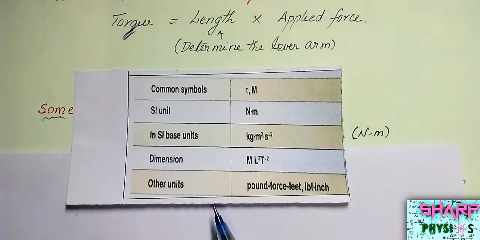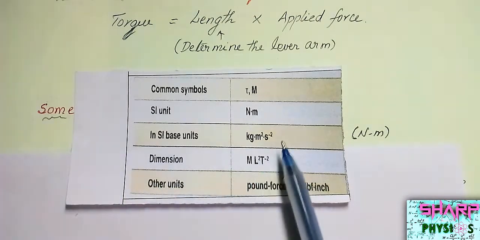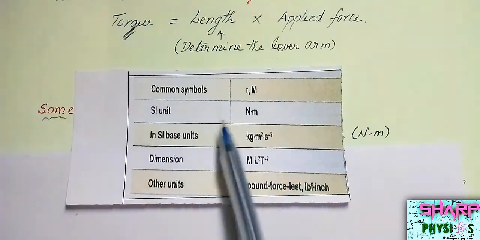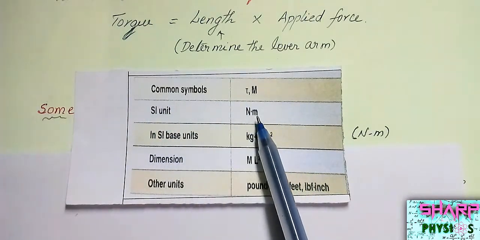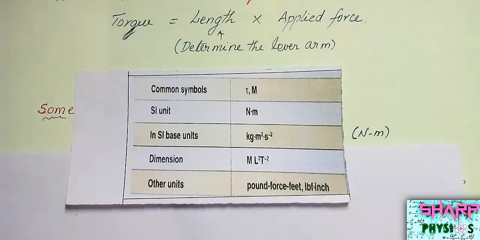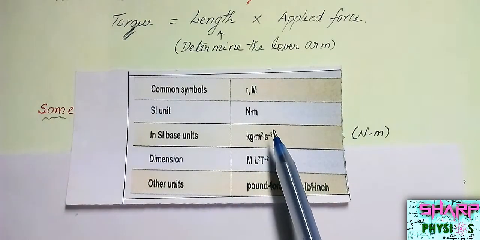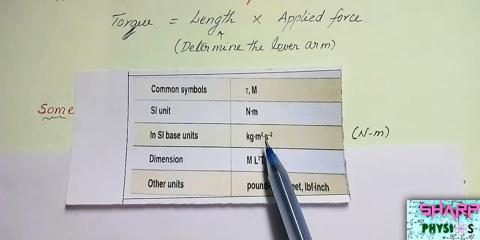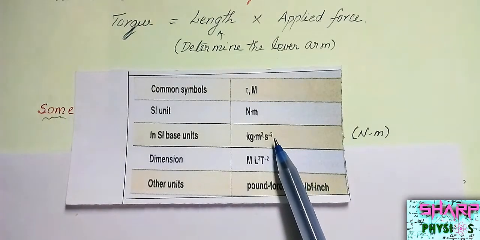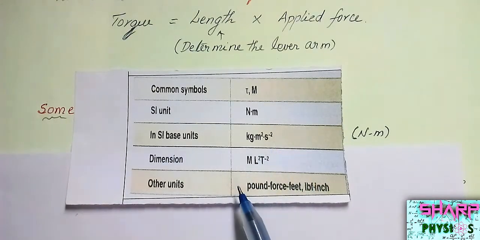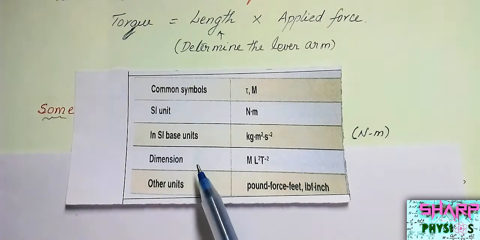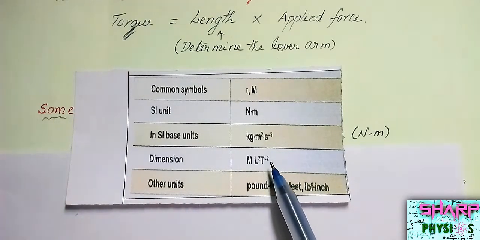From other units, it is pound-force feet. When you see these units, we will be using the SI unit Newton meter. In certain calculations, we might need kilogram meter squared per second squared, and the dimension is very important: mass into length squared per time squared.